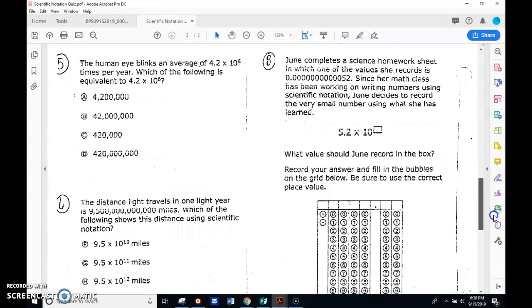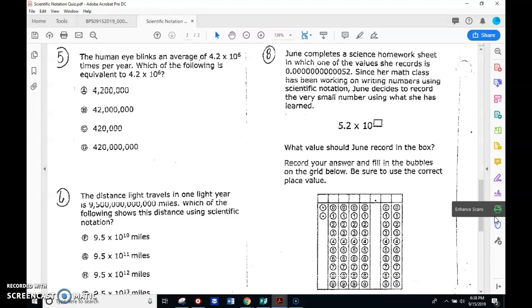Number 8. June completes a science homework sheet in which one of the values she records is 0.00000000052. Her math class has been working on writing numbers using scientific notation.